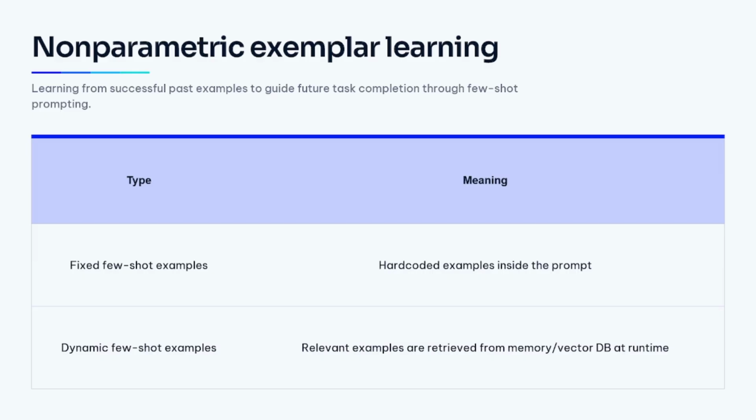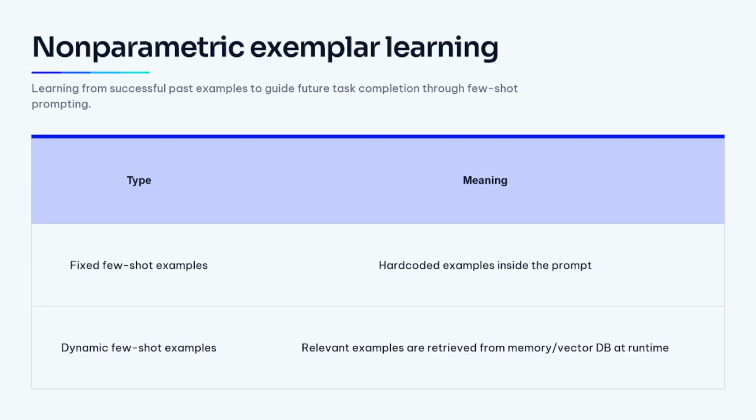So we have few-shot prompting, and we have zero-shot. Few-shot is giving the agent one or more examples to enable it to perform a task. Few-shot examples means hard-coded examples inside a prompt, and dynamic few-shot examples means relevant examples are retrieved from memory and a vector database at runtime.